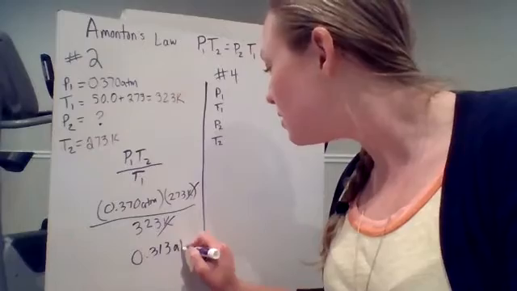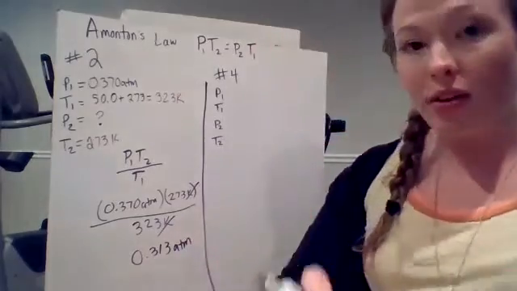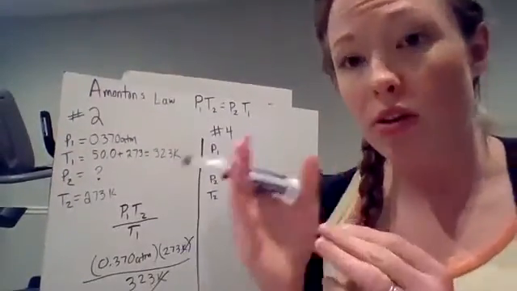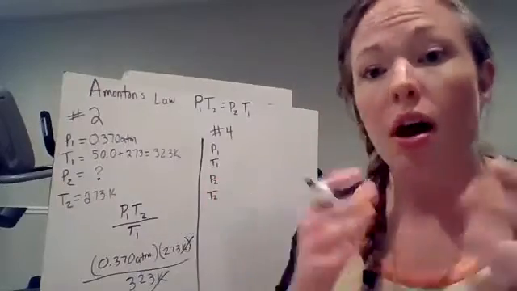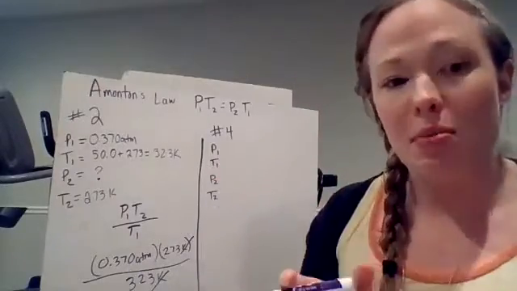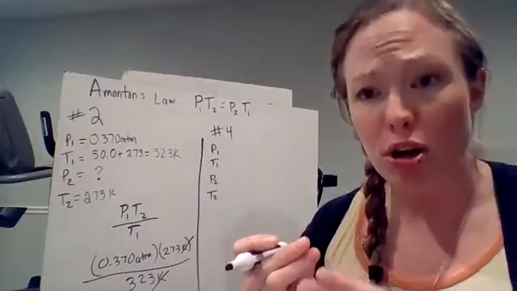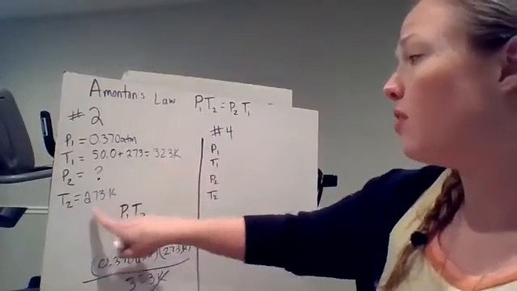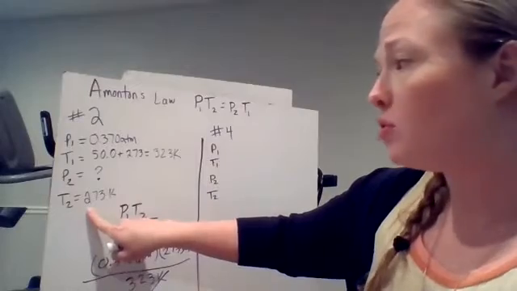0.313 atm. Now let's evaluate. We know pressure and temperature are directly related. You increase temperature, you increase pressure, and vice versa. So let's look at what happened to temperature and evaluate if our answer for pressure makes sense. Our initial temperature was 323 Kelvin. Our final was 273.